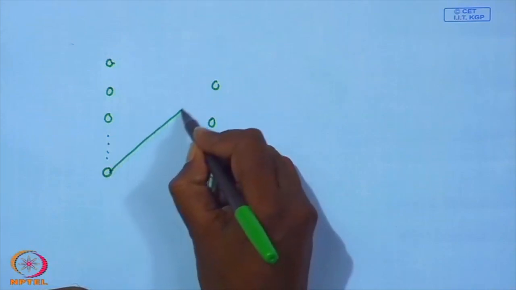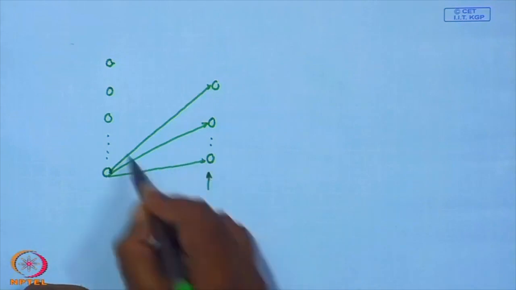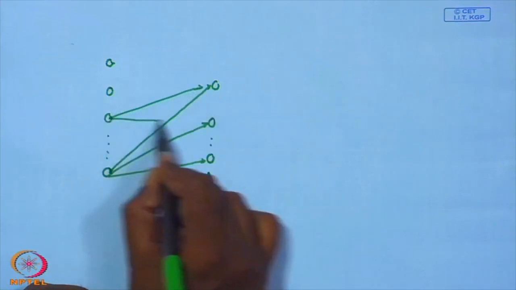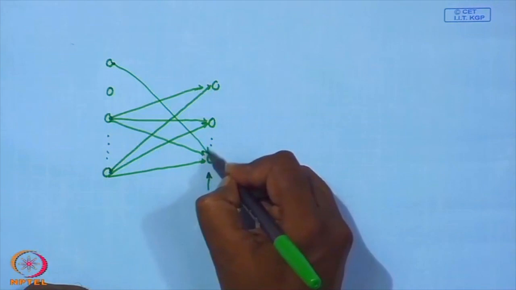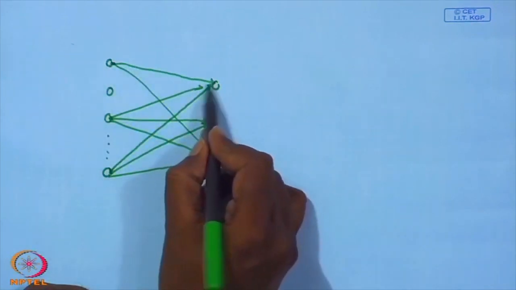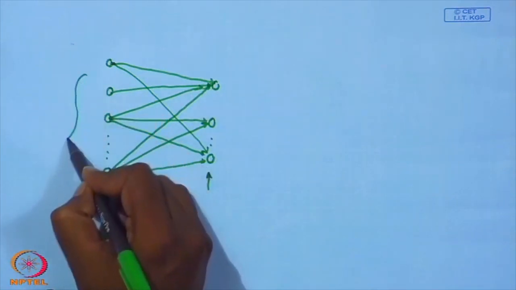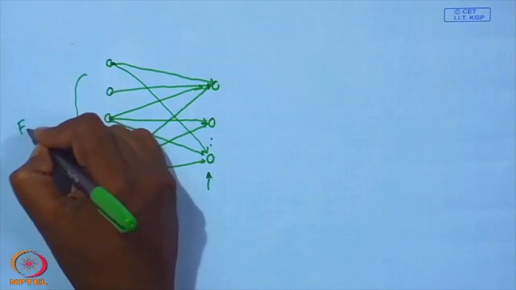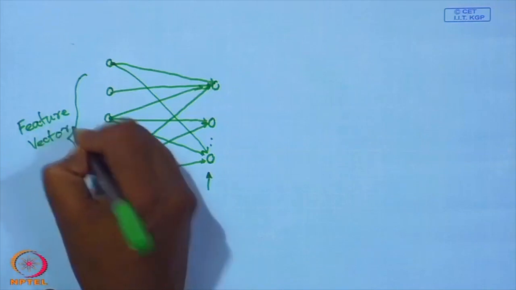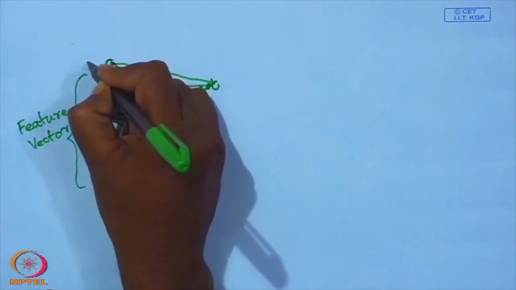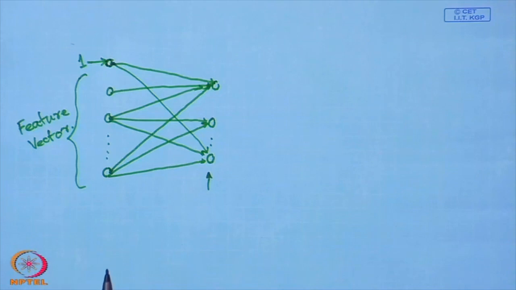From each input layer node, we had a connection to every output layer node. So, it was something like this, and so on. The feature vector is fed to the input layer nodes, and one of the nodes was kept at a constant value equal to 1, which is meant for feeding the bias term.